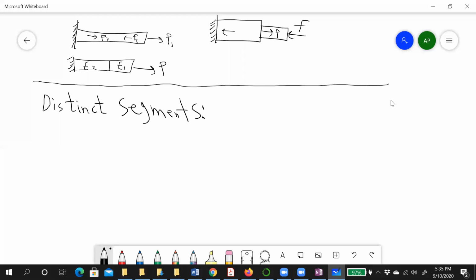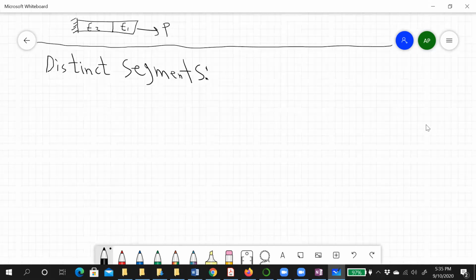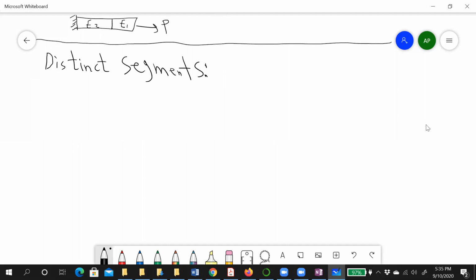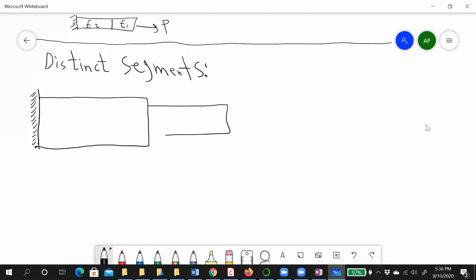First, I don't want to show an example; I want to use parametric, general figures with several segments and the parameters A, L, and E. Let's assume we have three segments, something like this, and there is a force here.